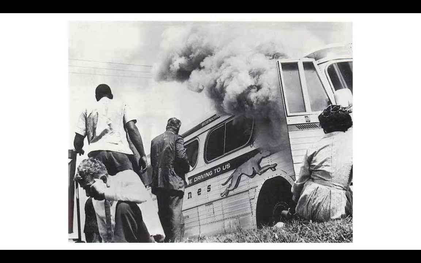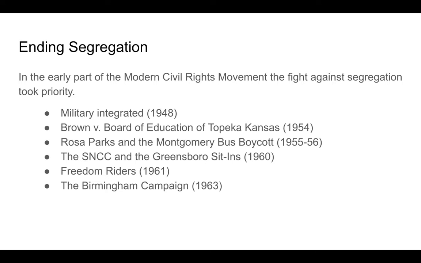Again, I'm going to skip back. In each of these cases, whether it be education, a local busing situation, local restaurants, or interstate travel, the idea is the same: Jim Crow segregation laws are enacted and enforced at a local and state level.